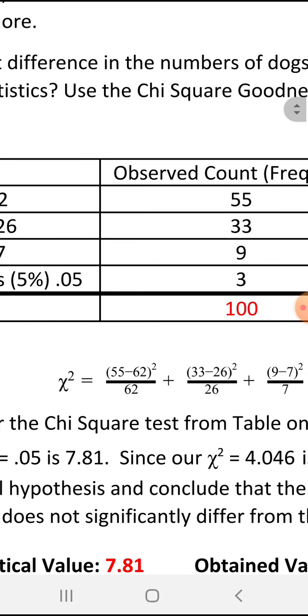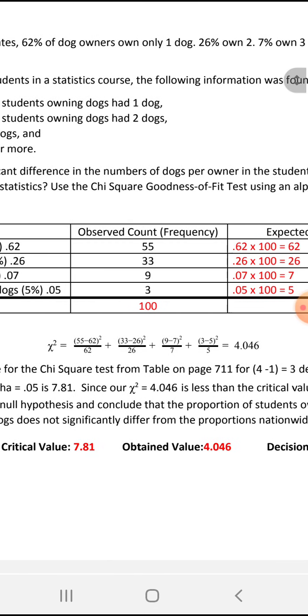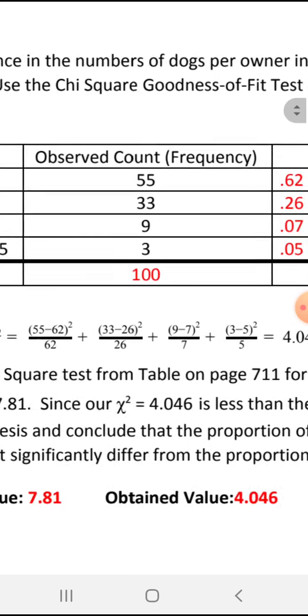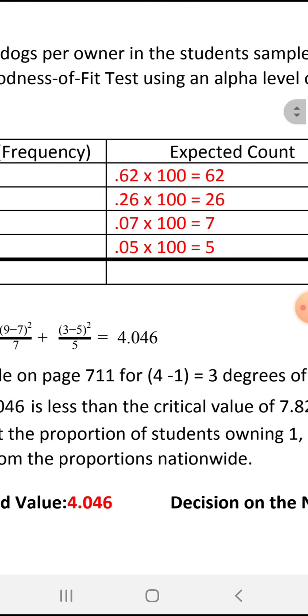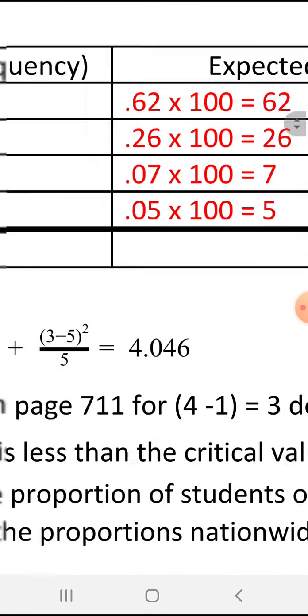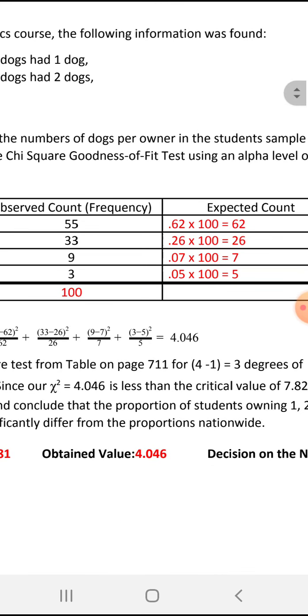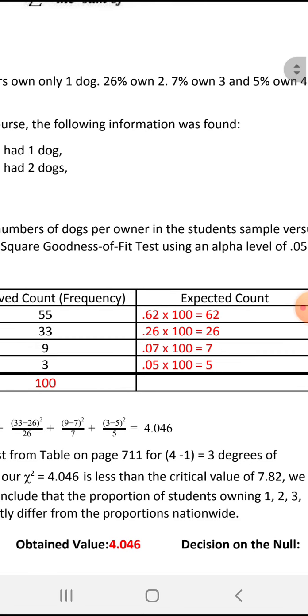And you do that for each of these categories: one dog, two dogs, three dogs, or four or more dogs. You take the sum and you get your chi-squared obtained value of 4.046. Then it asked if this is significant at 0.05.